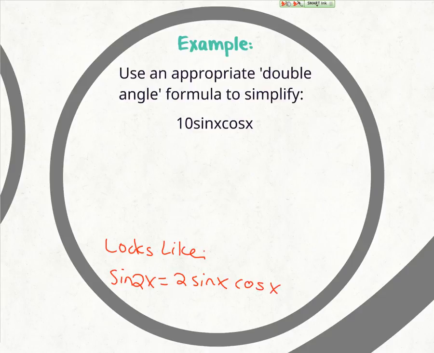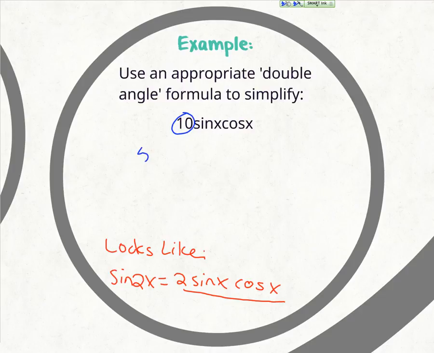I wrote that at the bottom because that's more of what we're thinking. That's not necessarily part of the work. So would you guys agree that it kind of looks like that formula a little bit? So what we want to do is see if we can rearrange or rewrite it so that I get something that looks exactly like this, and then I can substitute. Well, I noticed that 10 is an even number.